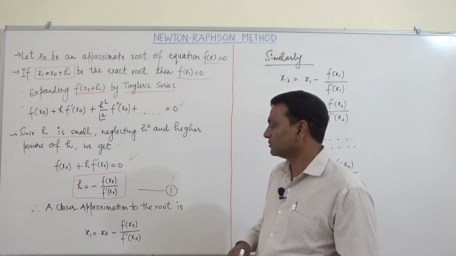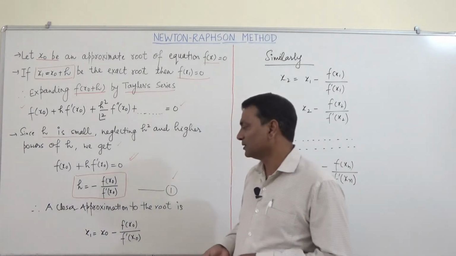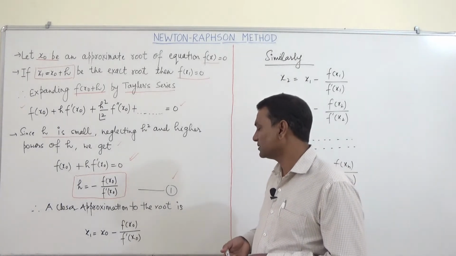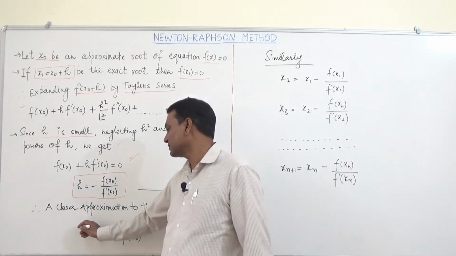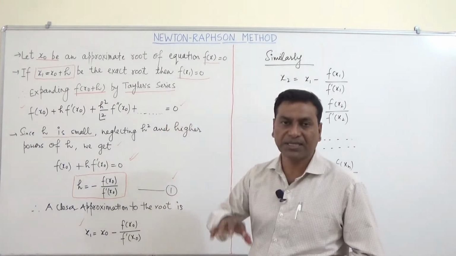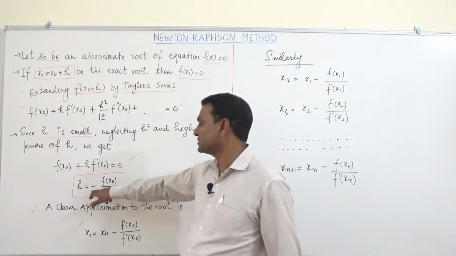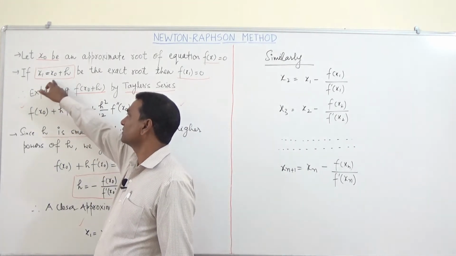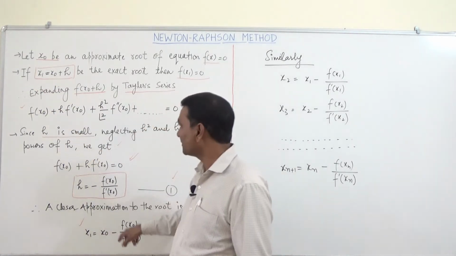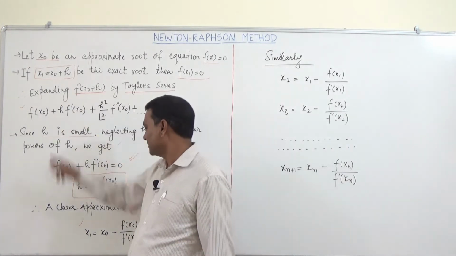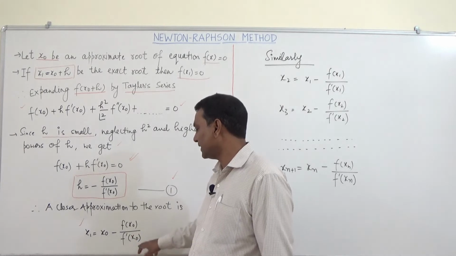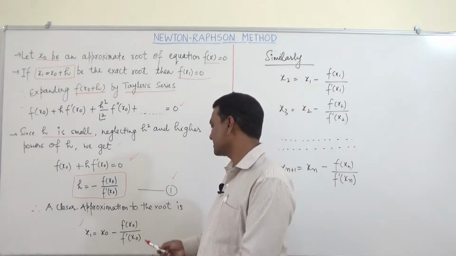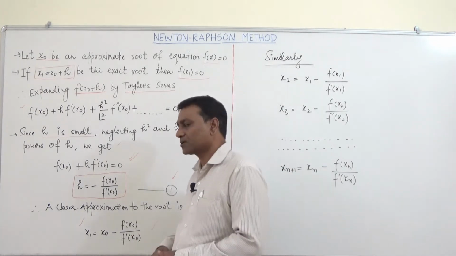Now we can find the closer approximation to the root, the first approximation, by simply putting the value of h in x1 equals x0 plus h. After putting this value, it becomes x1 equals x0 minus f(x0) divided by f'(x0). So this is the first approximation.